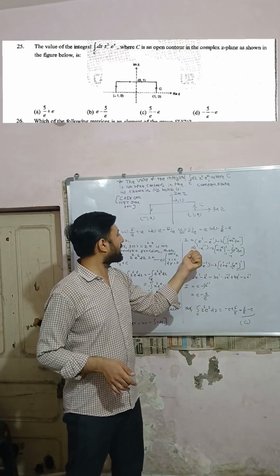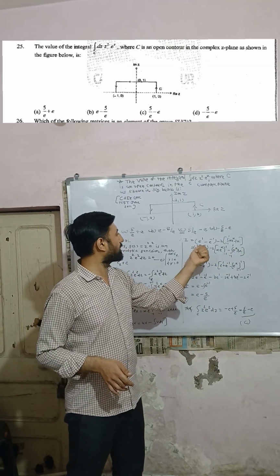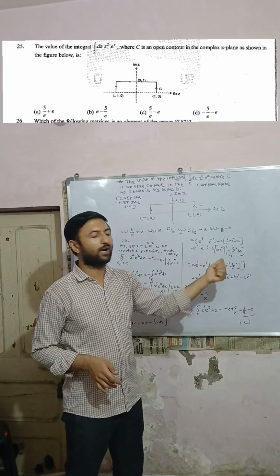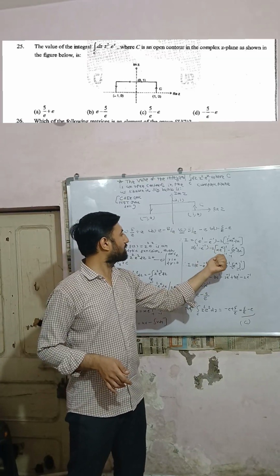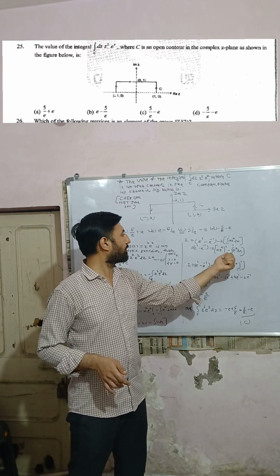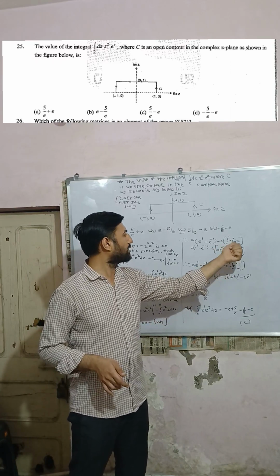So (e^1 - e^-1) minus 2 times [again integrating by parts, x e^x from -1 to +1 minus ∫ from -1 to +1 of e^x dx].